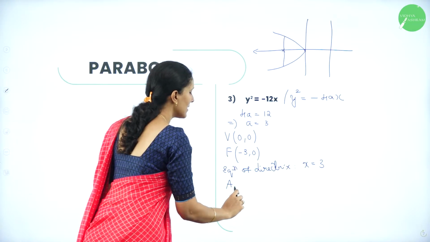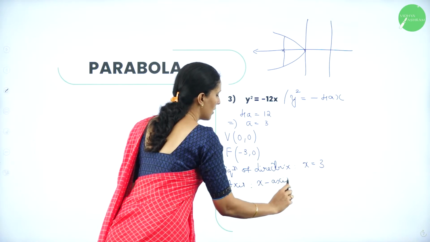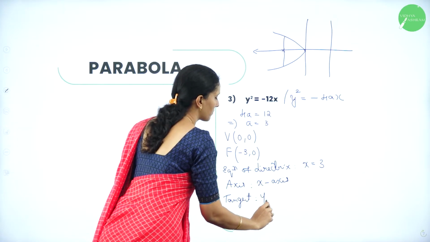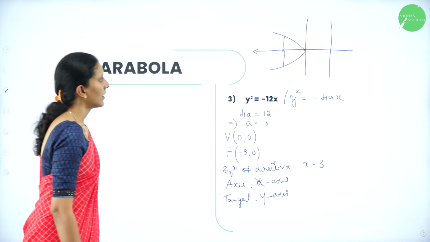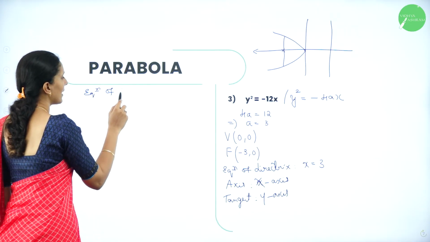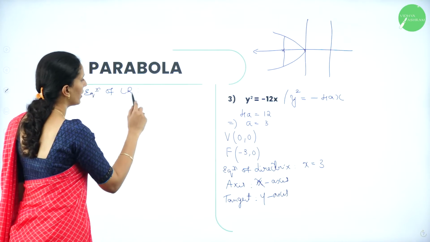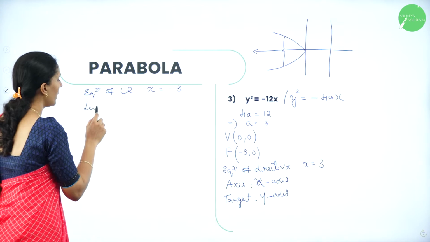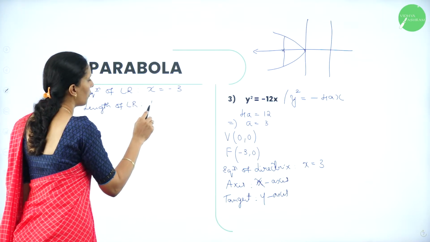Next, axis is the x-axis, tangent is the y-axis. Next, equation of latus rectum. Latus rectum lies on the negative side of the axis. So therefore its equation is x is equal to minus 3. Length of latus rectum is 4a.